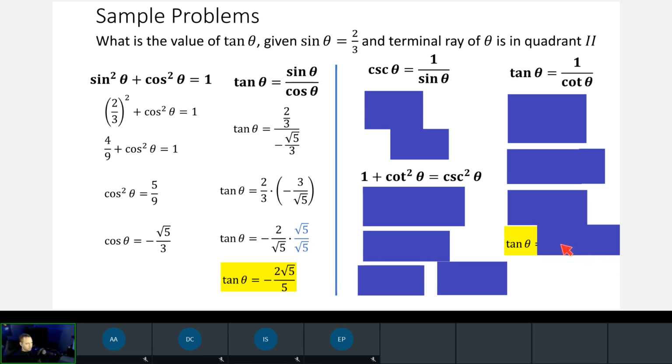So, this problem is cool because you know what the answer should be. So if you're done and you got the same answer, you probably did it right.